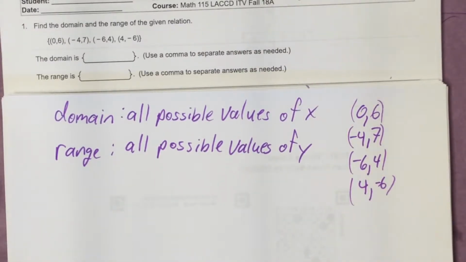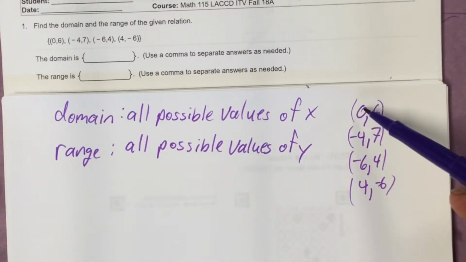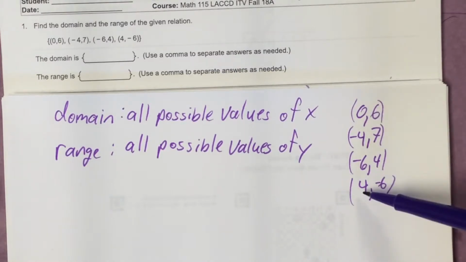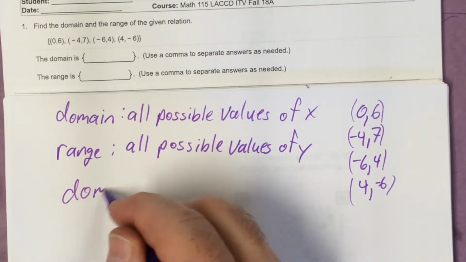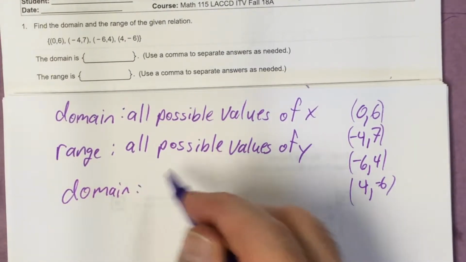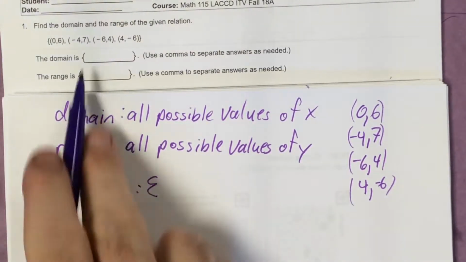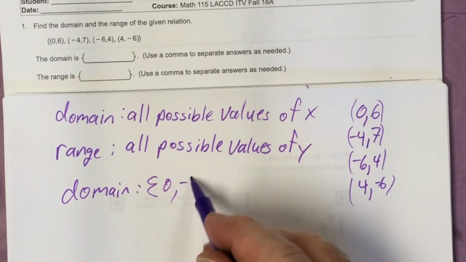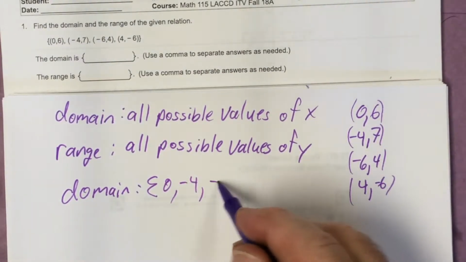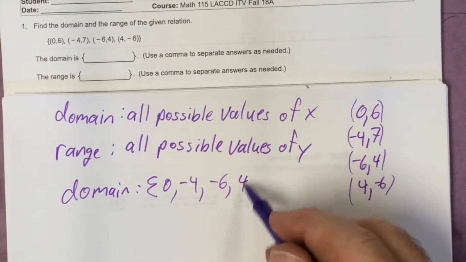If I said that the domain is going to be all the x values, you notice here that we have 4 separate x values. So the domain for the first question, and I'm going to indicate this with set notation as you see they have here, is going to be 0, negative 4, negative 6, and then 4.